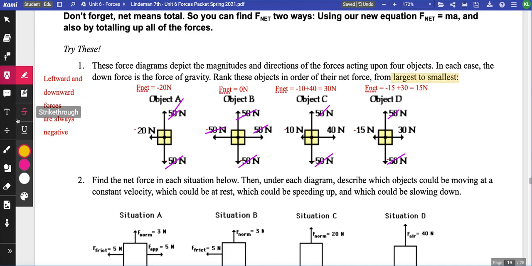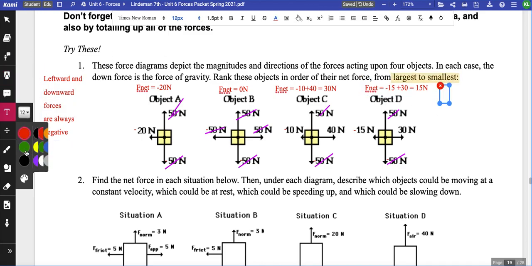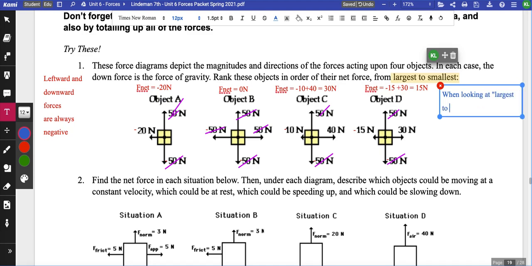is that, let's get a different color. When looking at largest to smallest net force, we only look at the magnitude.